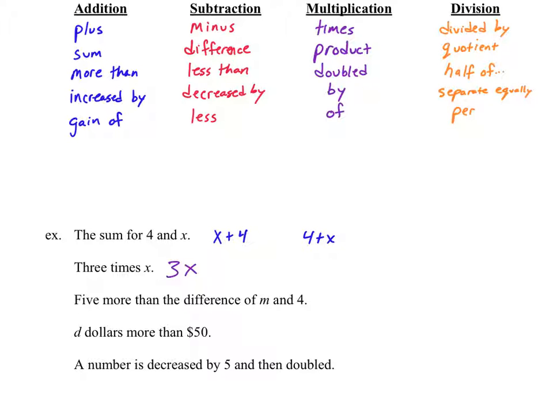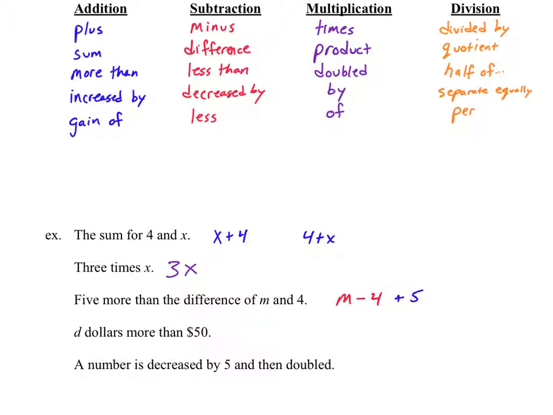If it's 5 more than the difference, I'm going to start by finding that difference. So the difference would be m minus 4. Then we need 5 more than that. More than is in the addition, so it could be something like that. 5 more than the difference of m and 4.